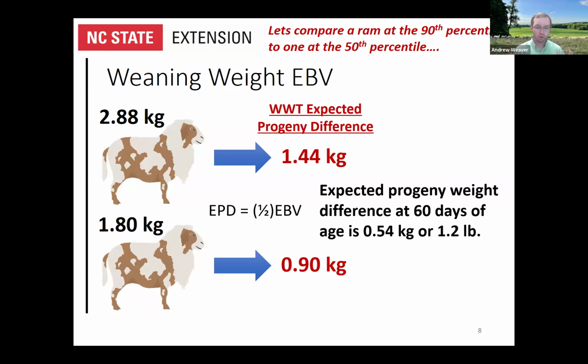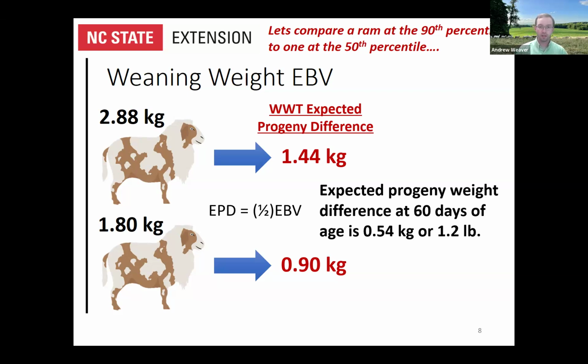But let's just say we're considering these two rams, we have the same group of ewes. So the ewes are not a factor. They're going to contribute the same regardless of which ram they're bred to. The ewes held constant, potential differences in progeny weight. If we were to select and utilize the ram on the top, we would expect those offspring at 60 days of age to weigh about 1.2 pounds more per head.